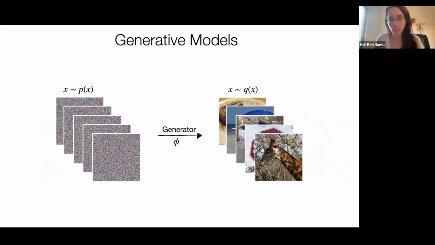So the general scheme of generative modeling is that we have our data distribution, which we denote here as Q. In this case, it would be natural images. And we have some source distribution, which we denote as P. And we typically learn some generator function, denoted as Phi, which transfers between the distribution P and the distribution Q, our target distribution.